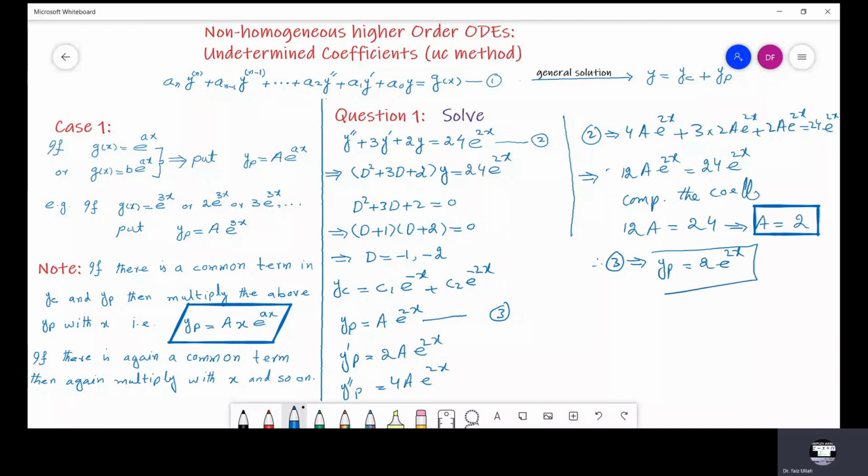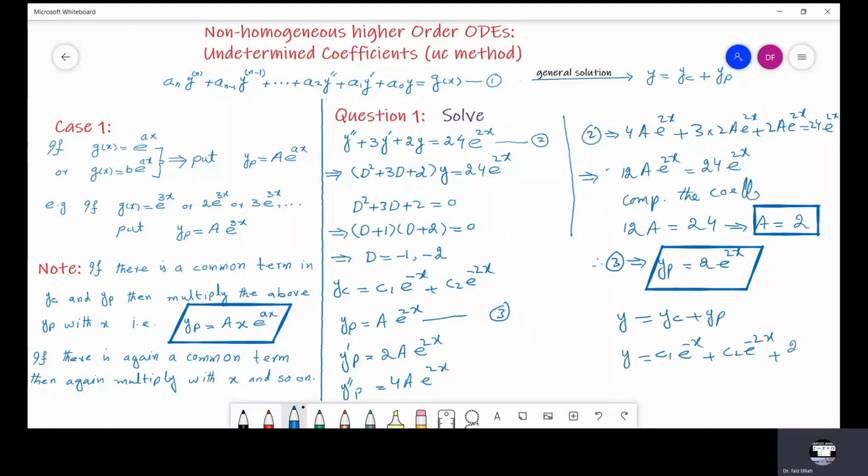So the general solution of this question is y, which is equal to yc plus yp. Putting values, we have y is equal to yc, which is c1 e power minus x plus c2 e power minus 2x plus yp.